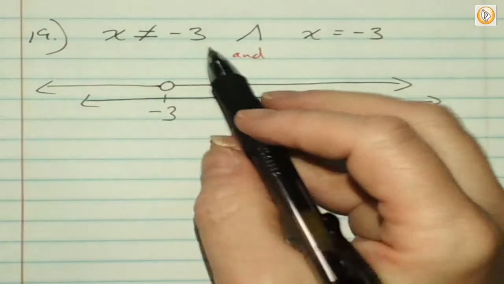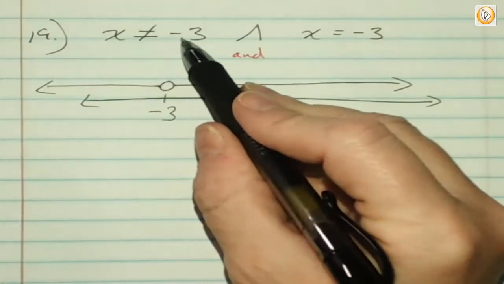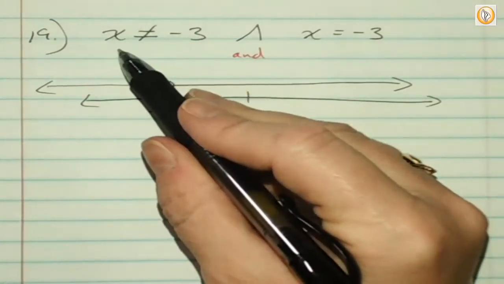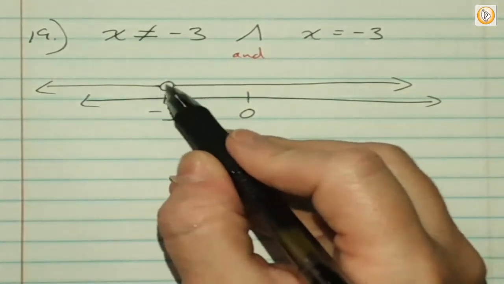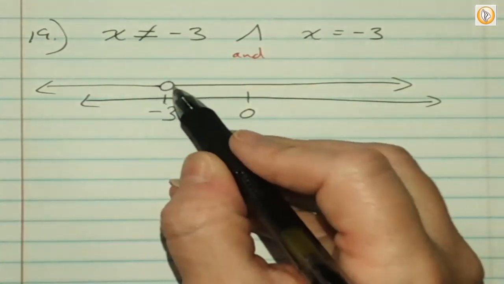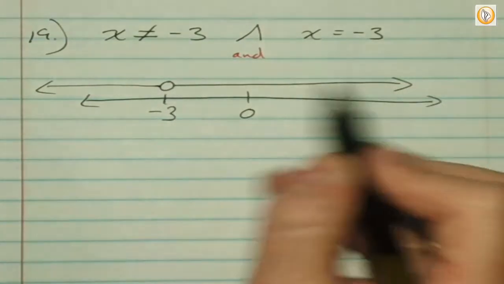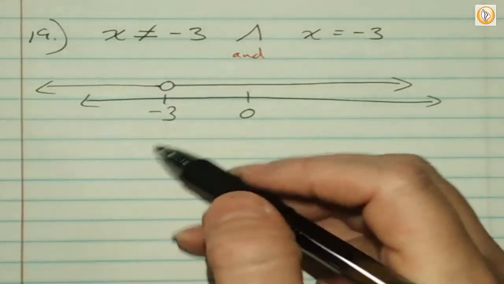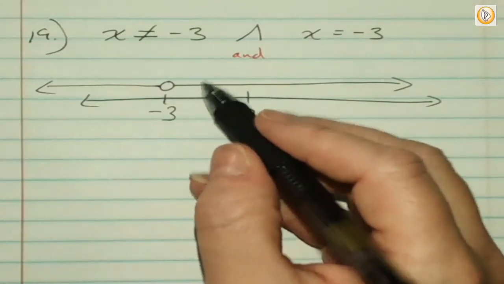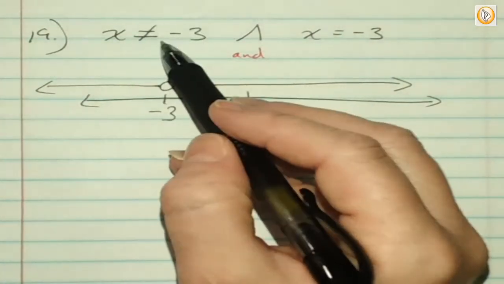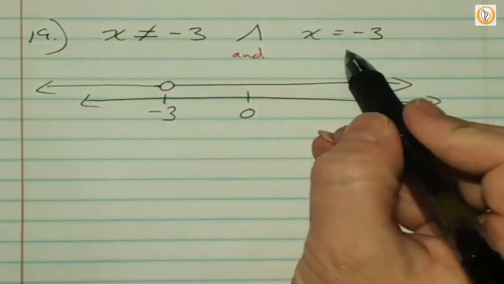All right, wait. So x does not equal -3. That means x can be any number but -3. So it's an open circle because it can't include -3. And then it's any number other than -3. We've done this before, right? Right?